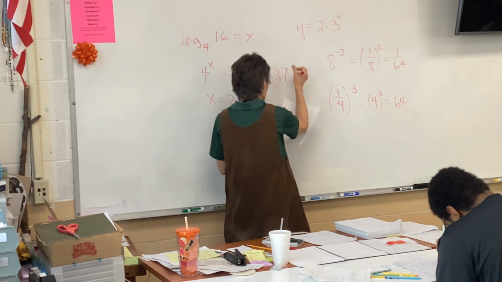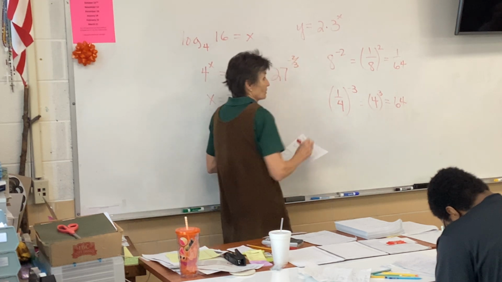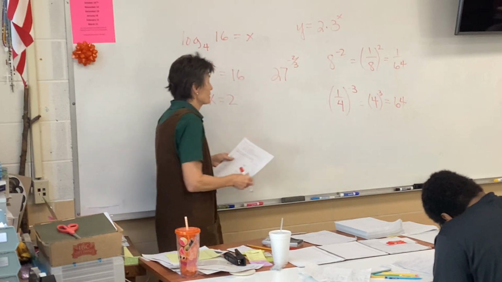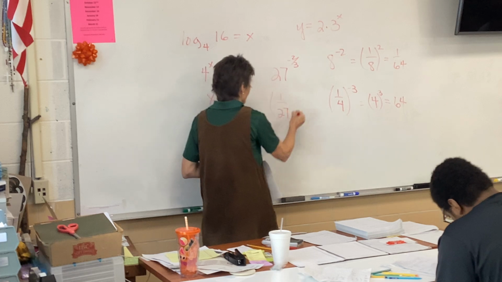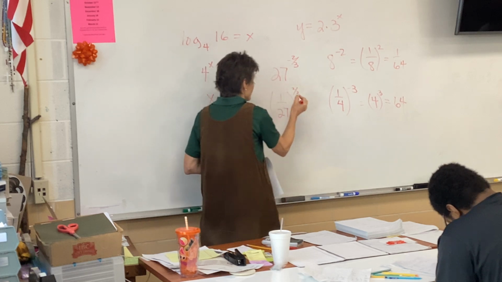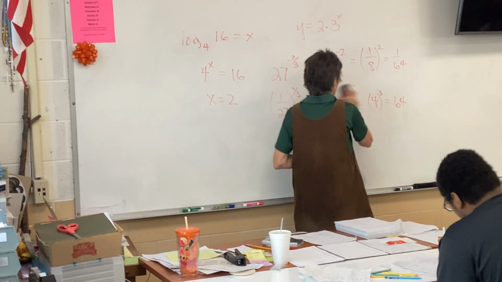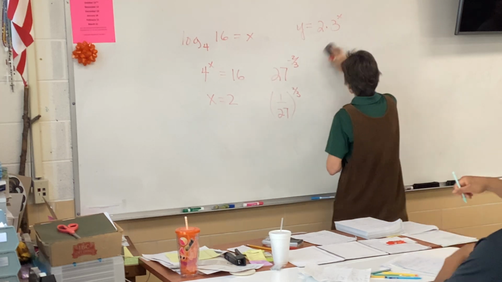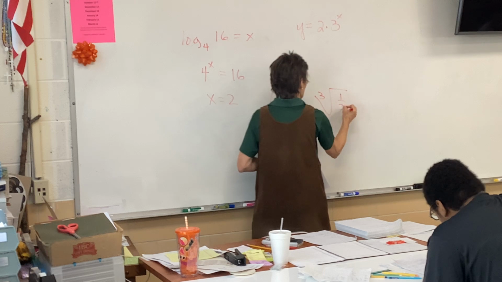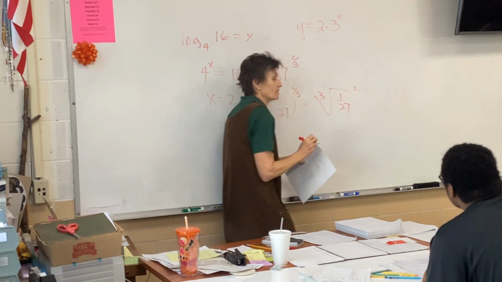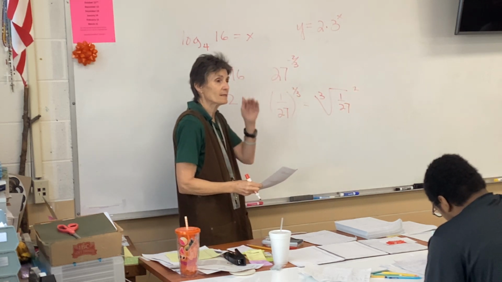E is 27 to the negative 2/3. So that's going to be 1 over 27. And then what does the 2/3 mean? Radical. So that's going to be the cube root of 1/27, squared. One step at a time.